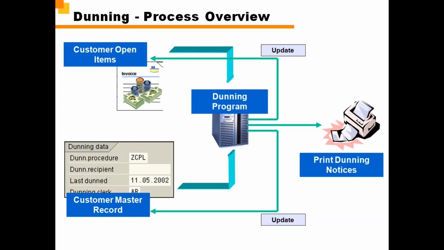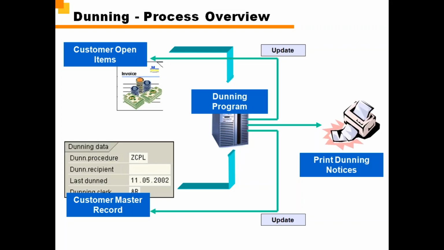Accordingly the system will pick those line items and print them, and the dunning notice will be sent to the customer. An update will also be done by the system that this customer has been dunned on a particular date, and up to how many levels or how many times we have dunned that customer. That information will also get updated in the system.